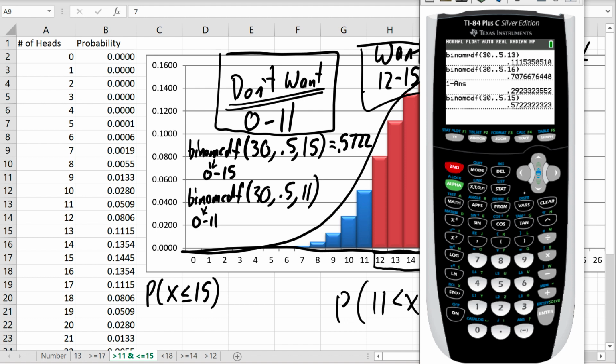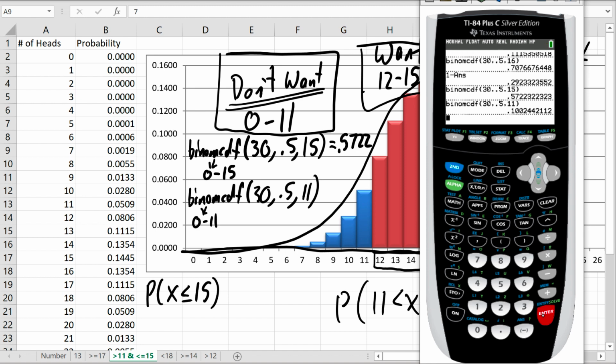Second distributions, up to BinomialCDF. Trials is 30, p is 0.5, x value 11. And we get 0.1002.